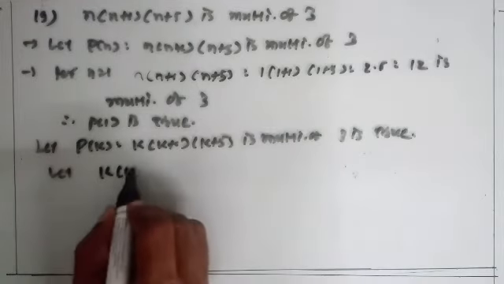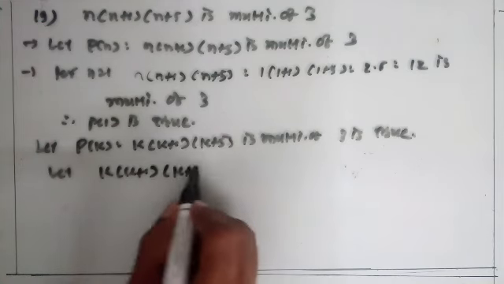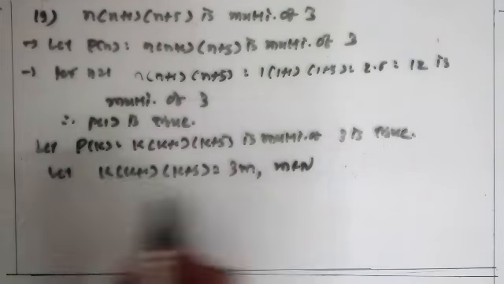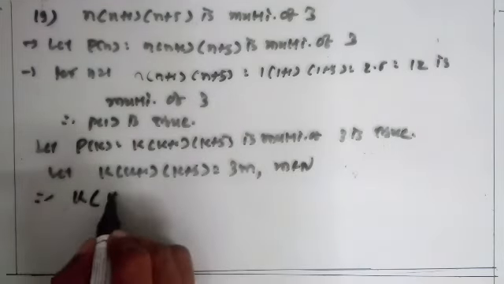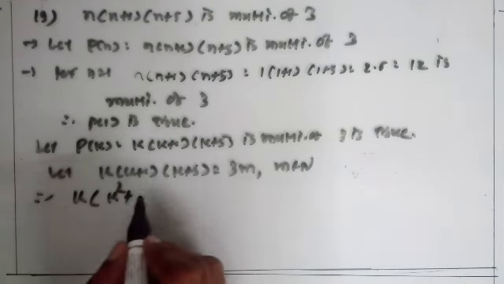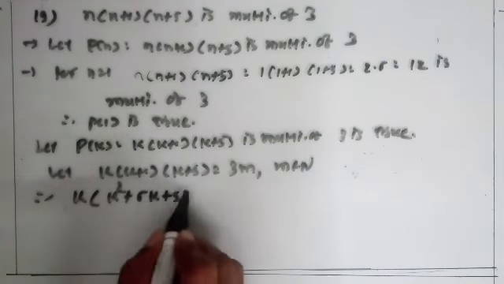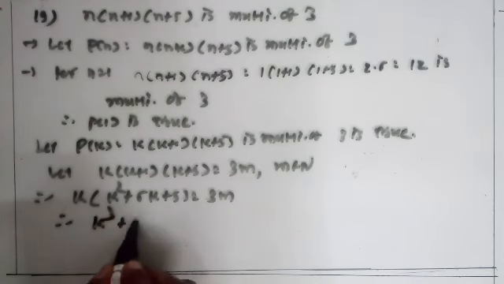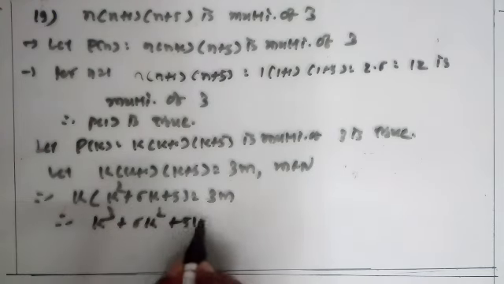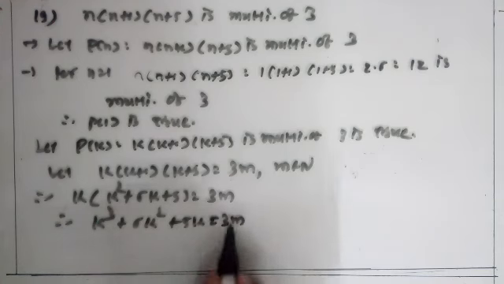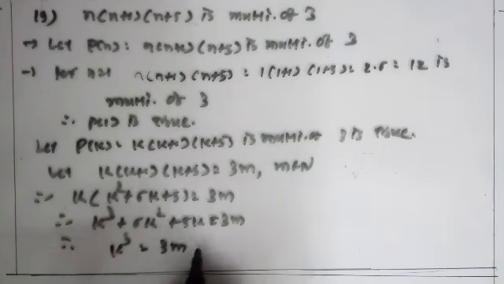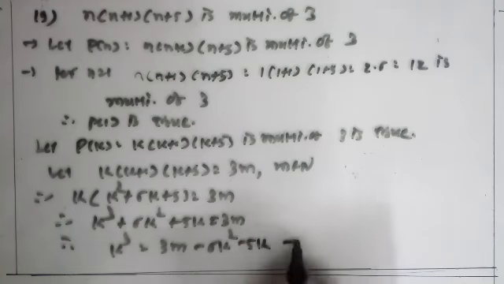Let k into k plus 1 into k plus 5 be a multiple of 3, so 3m, m belongs to N. Therefore k into k square plus 5k plus k, that is 6k plus 5, is equal to 3m. Therefore k raised to 3 plus 6k square plus 5k is equal to 3m. Clear this? Therefore k raised to 3 is equal to 3m minus 6k square minus 5k. Clear this? Take this result number 1.